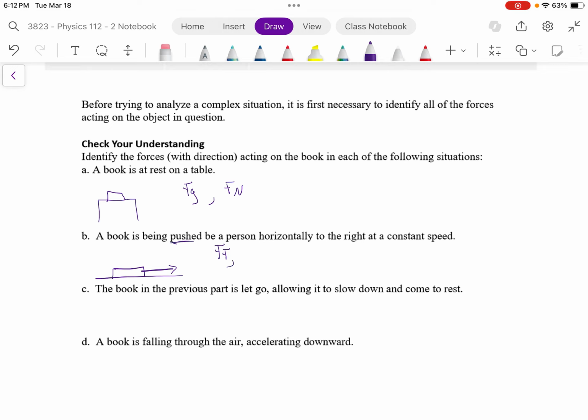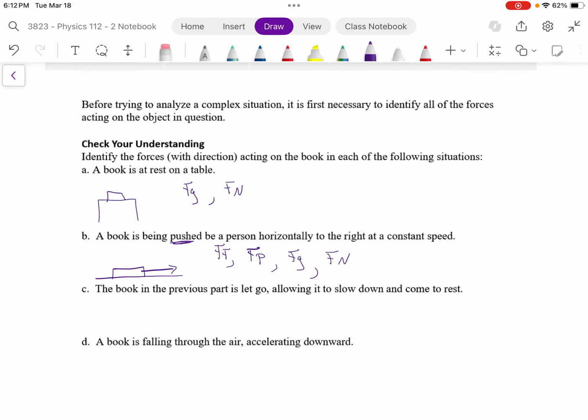I am pushing, which means I am applying a force. Even though this book is on the floor, it still has a force due to gravity. And it's not sinking through the floor, which means there has to be a normal force in the opposite direction.